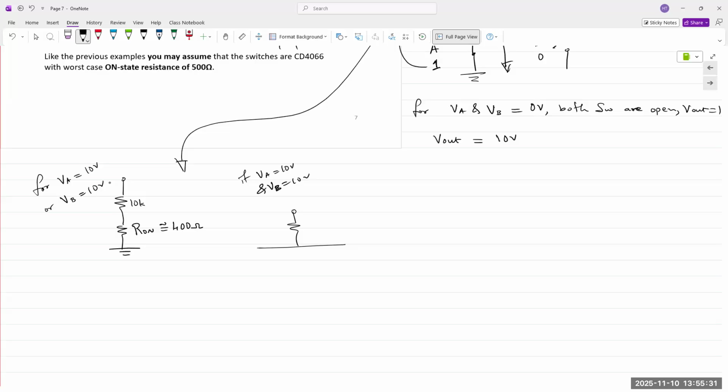So what does it mean in terms of resistance? Both switches are activated. Exactly. So you have turn on resistance for both switches, and they'd both be in parallel. And so now your effective resistance is half.